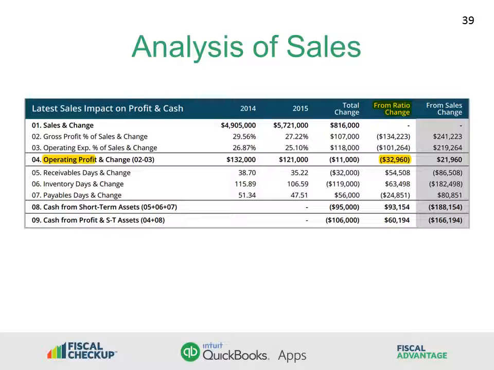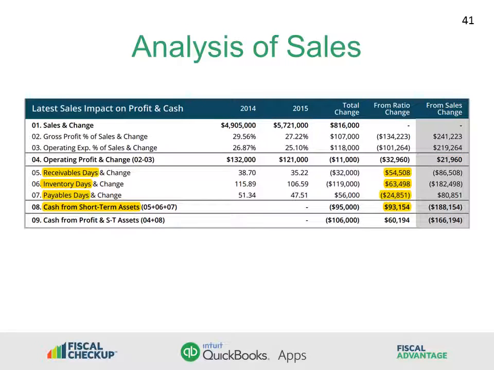So when you net the loss of margin from cost of goods sold against the improvement in margin due to reduced operating expenses, the net negative impact of these two accounts was almost $33,000 in 2015, which means that the new sales actually contributed about $22,000 in profitability, which was able to reduce the overall operating loss. In fact, had this company not had these profitable sales, the loss would have been almost $33,000.